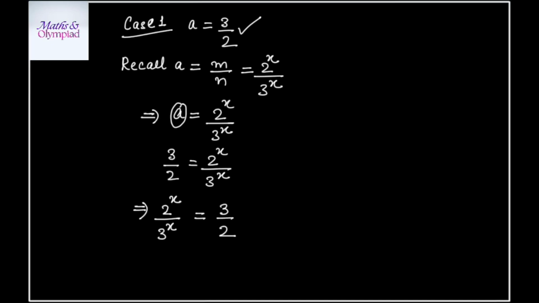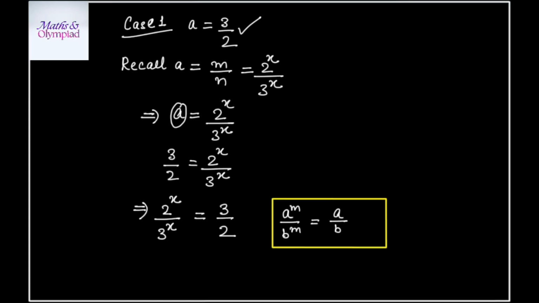I will use another exponential law which says a raised to the power m over b raised to the power m equal to a over b whole raised to the power m. So I can write 2 over 3 whole raised to the power x using the exponential law equal to 3 over 2.